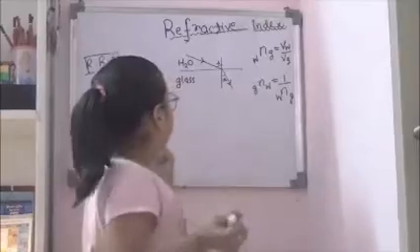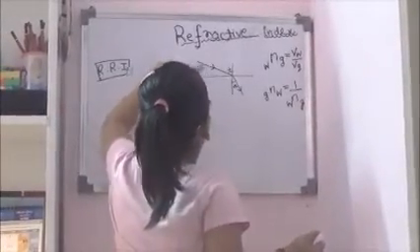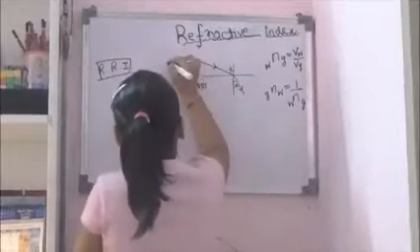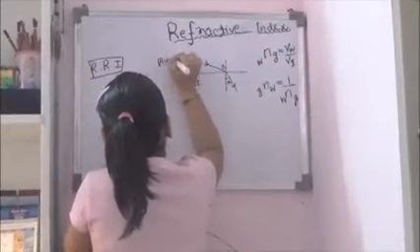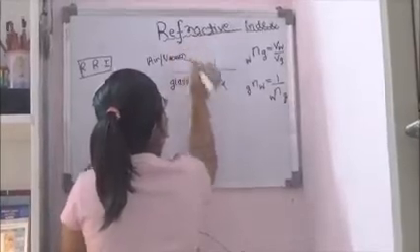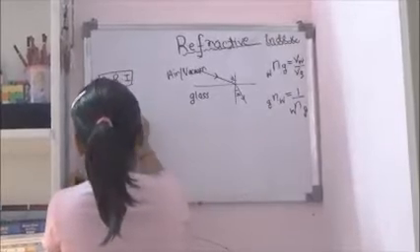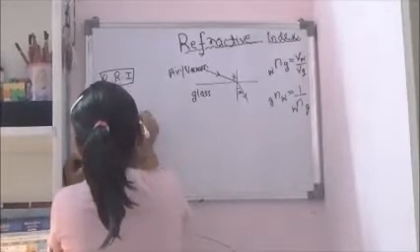Now, suppose water is replaced by air or vacuum. Then the refractive index so formed is known as the absolute refractive index.